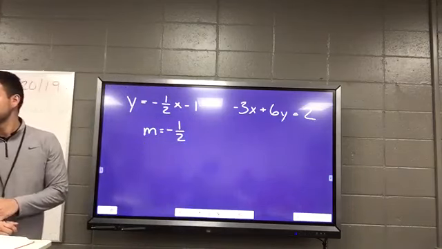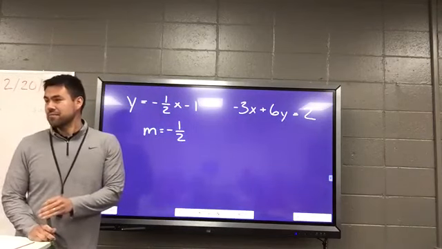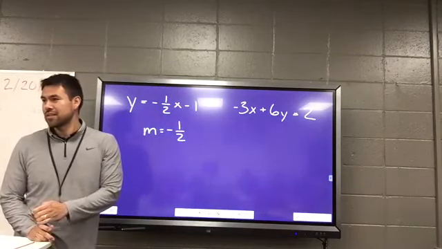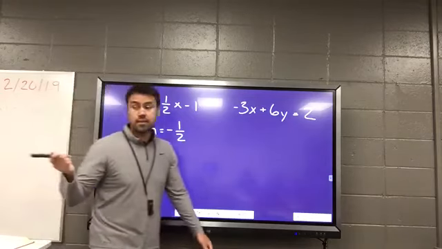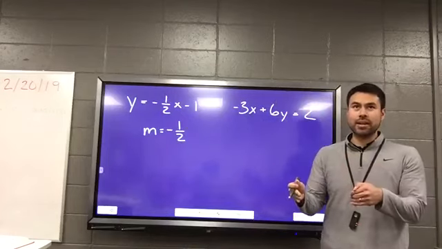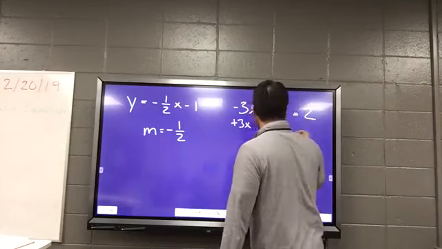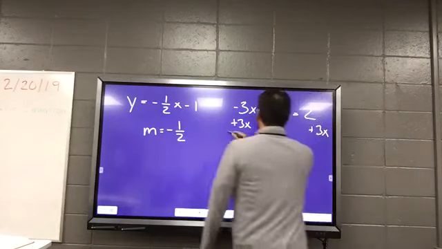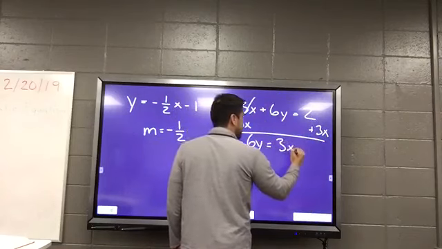You have to subtract negative 3x on both sides, but that's confusing. Why don't you add 3x to both sides? That'll undo it. You're left with 6y equals 3x plus 2.